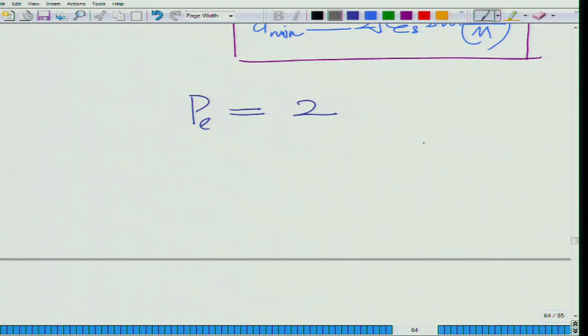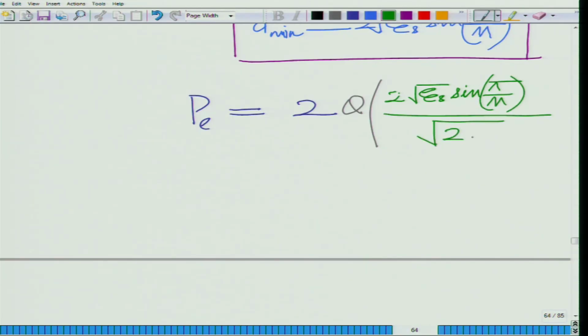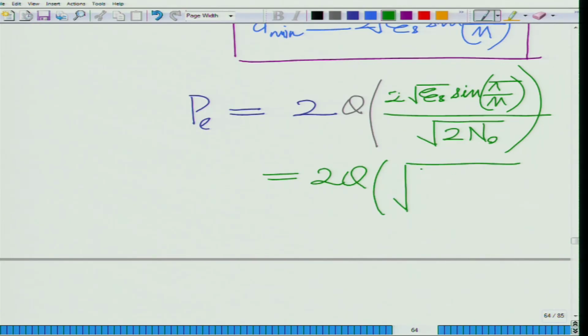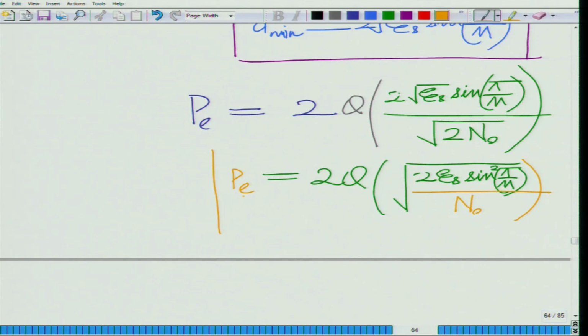So, we have probability of error equals twice Q of d min, which is twice square root Es sine pi over M, divided by 2 root N naught, which is equal to twice Q of square root of twice Es sine square pi over M divided by N naught. That is the expression for the approximate probability.